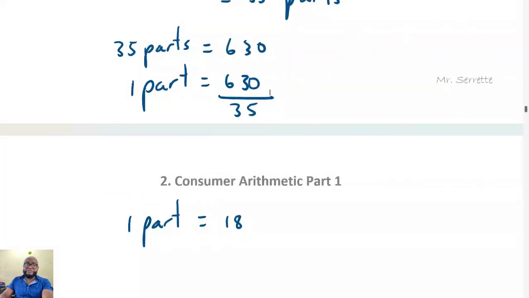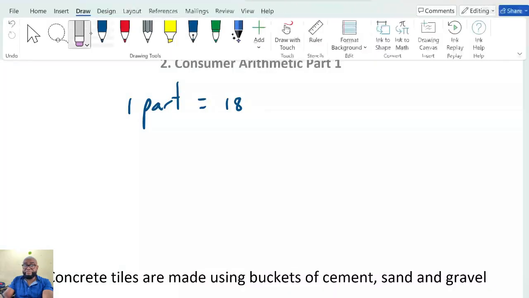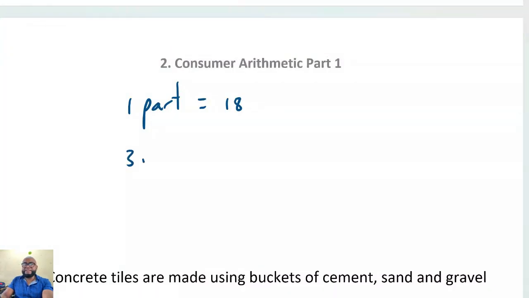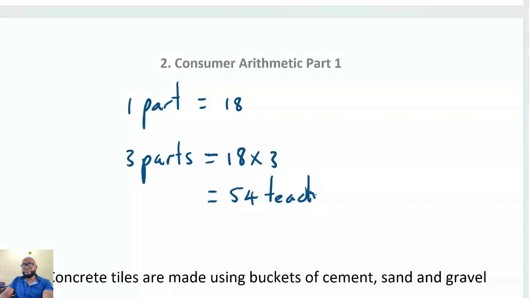So if 3 represents teachers, I need to find what 3 parts would be. If 1 part is 18, what would 3 parts be? 18 multiplied by 3, which will be 54 teachers. Everybody clear there?